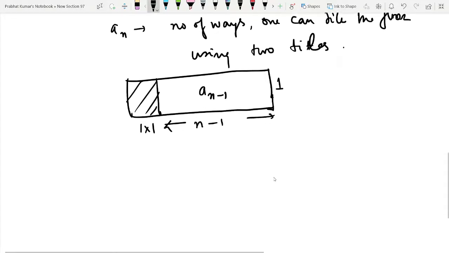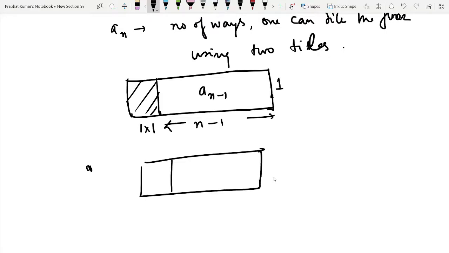Or in another disjoint case, if we use the 2 cross 1 tile here, then obviously the rest will be an n minus 2 cross 1 rectangular space, and it can be done in a n minus 2 ways, right?